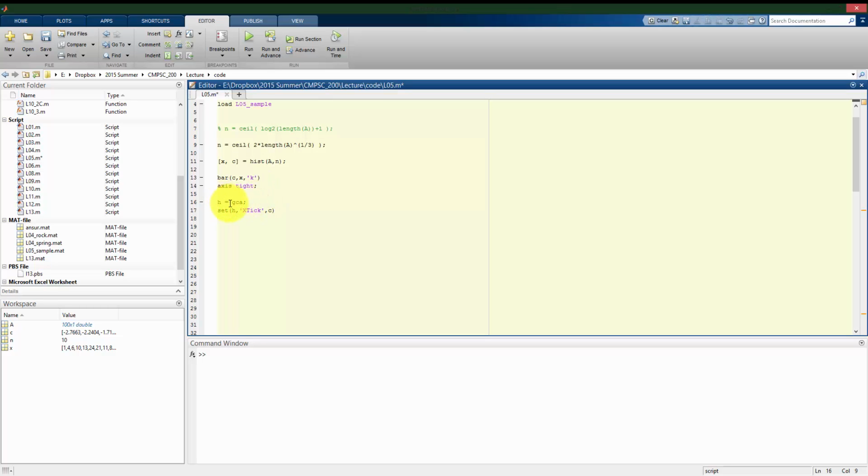Alright, so what this is doing is it's setting what we call a handle. Don't worry too much about what it's doing here, but it's setting a handle to h, which is basically a variable that is figure number 1, and then I'm saying set the x ticks in this figure to the values in C, and those were the bin centers. And we see what the difference is when it plots.